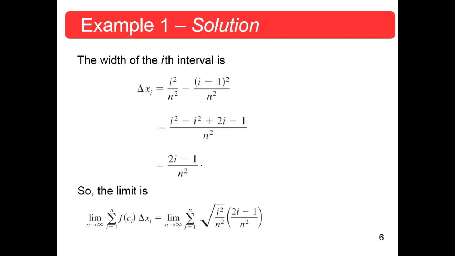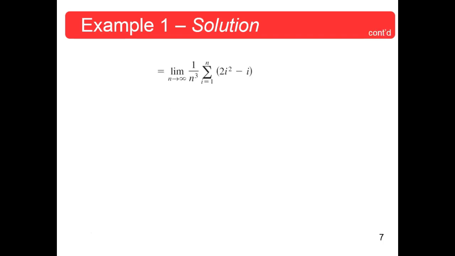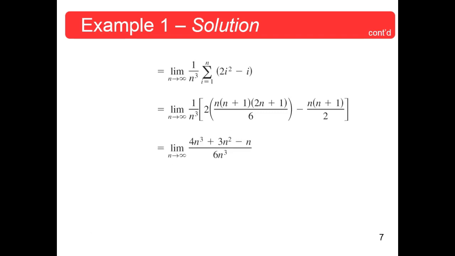Okay. So that's how you get 1 over n cubed, summation of that. And then you go back and do your 2 times the sum of i squared, which was n times n plus 1 times 2n plus 1 over 6, minus that. You go through all the same mess we did before.